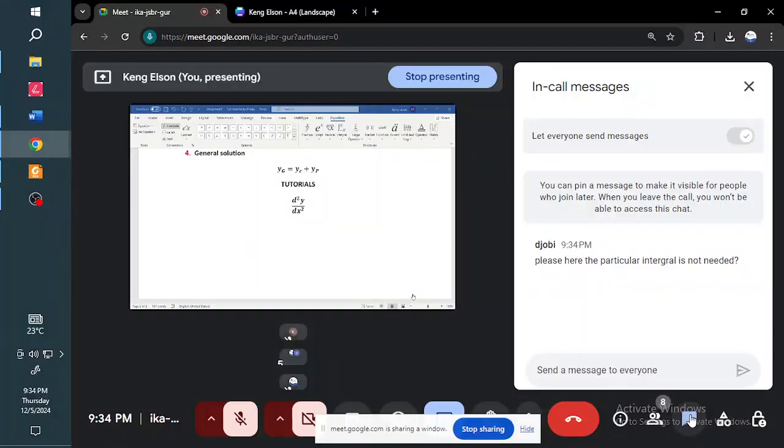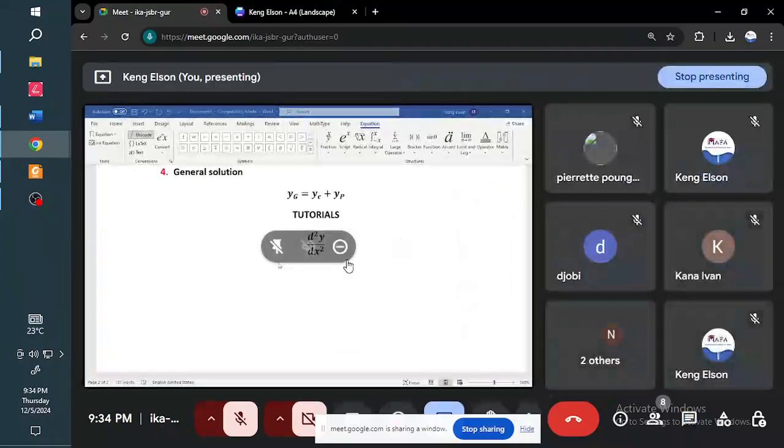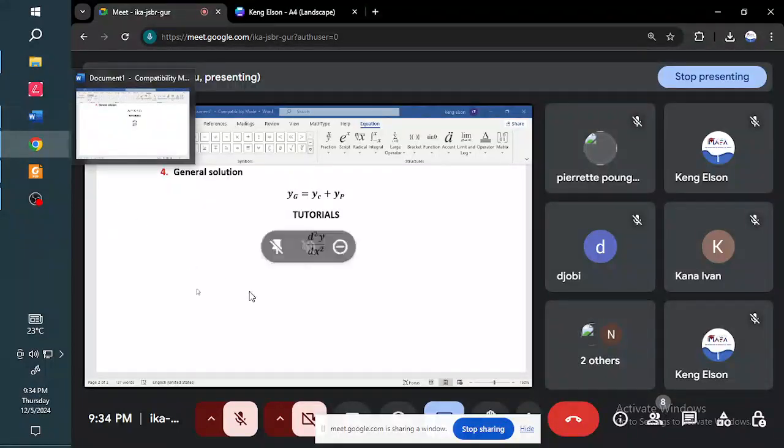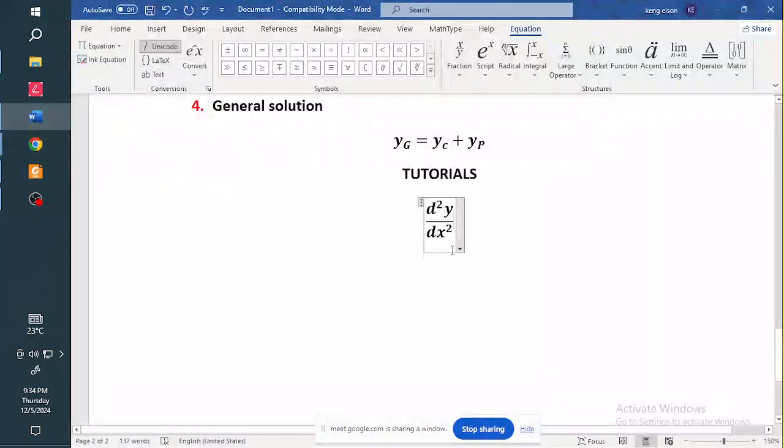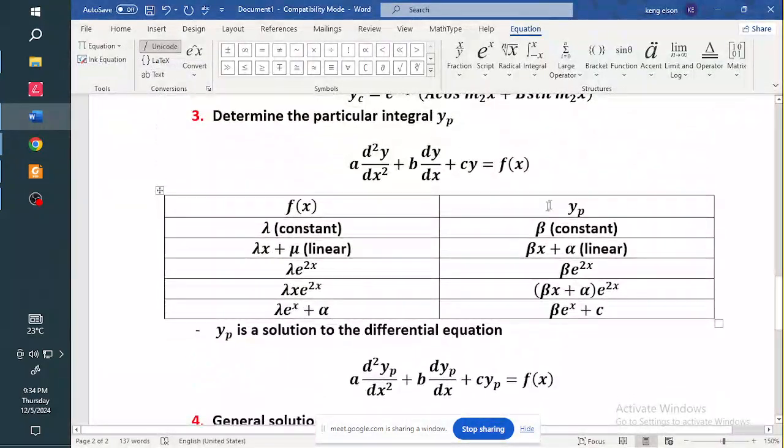Eunice, where exactly is a particular integral not needed? Yp is a particular integral. We need to find it. Let's just solve an example and you see how it is always gotten. Because the first thing to do is we must let it be something. Then we find the values of lambda, the values of the constants that we have.